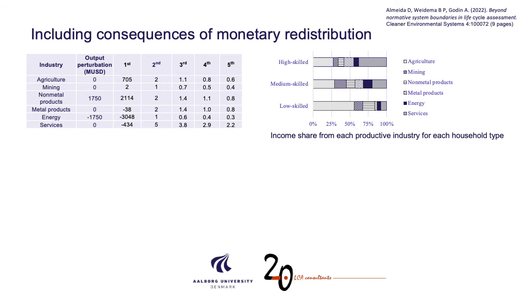And because there is a different amount of low-skilled workers in the agricultural sector, you see there's much more low-skilled people in the agriculture sector than in the other sectors. And we'll see the high-skilled is mainly in services. So if we shift the consumption from agriculture to services, as you see here, or vice versa, then you will have a larger effect on the way the money is spent.